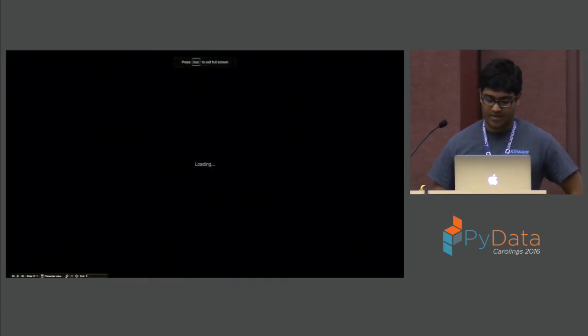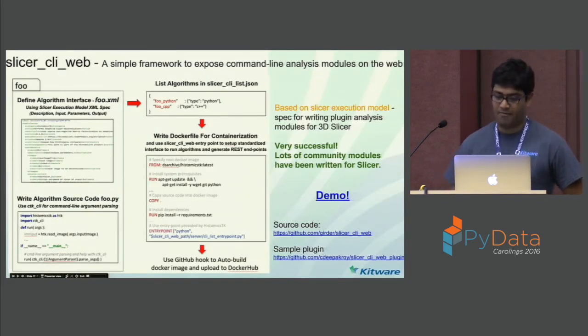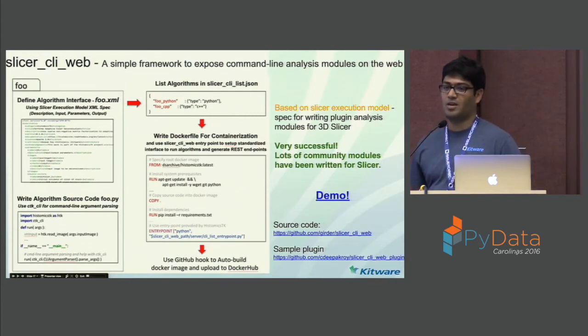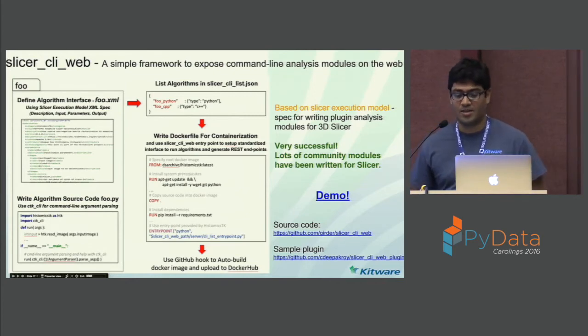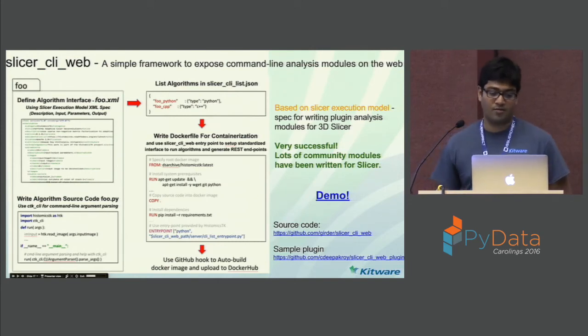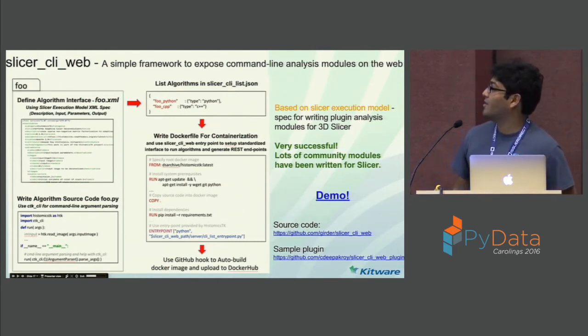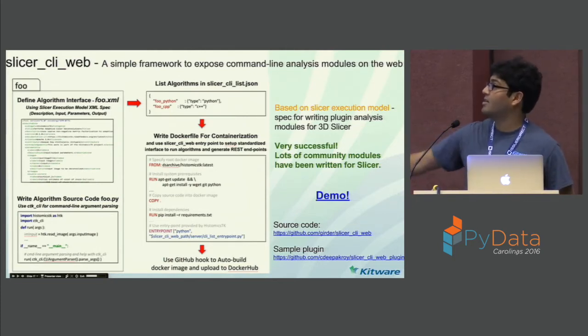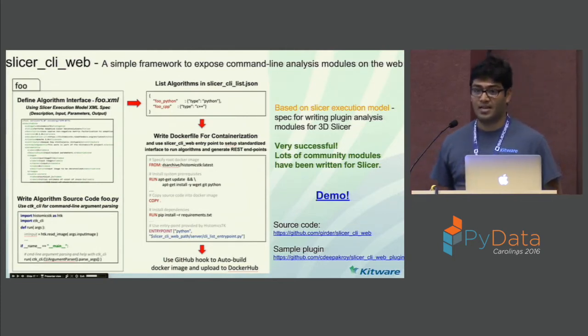At the core of this is basically a very simple framework to expose command line analysis modules, currently written in Python or C++, but we can add other languages as well. This framework exposes any command line analysis modules on the web. There's a protocol that you need to follow. So what the developers need to do is they create a folder in their GitHub repository for each analysis module.